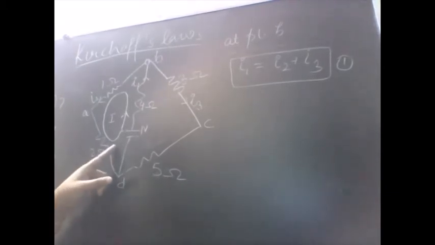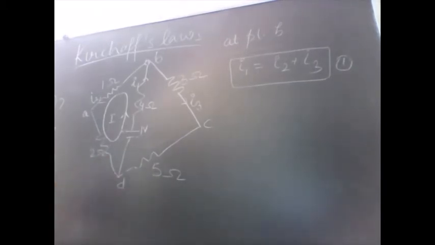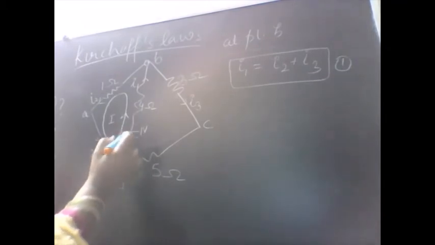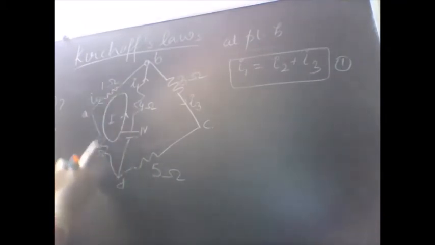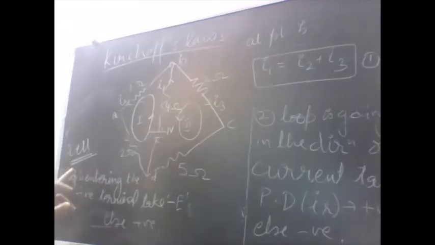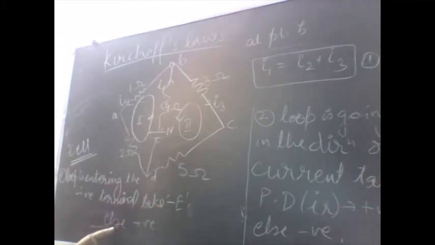So let us understand the rules of sign convention that I am going to follow for the cells and for the potential drop across the resistors. If the loop is entering the negative terminal, take minus E, else take positive.